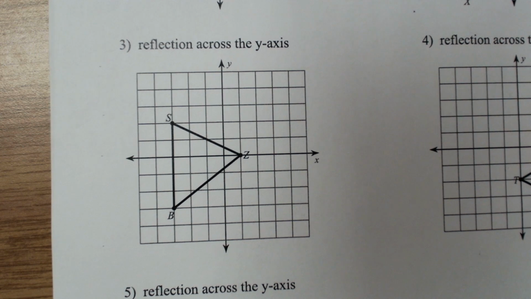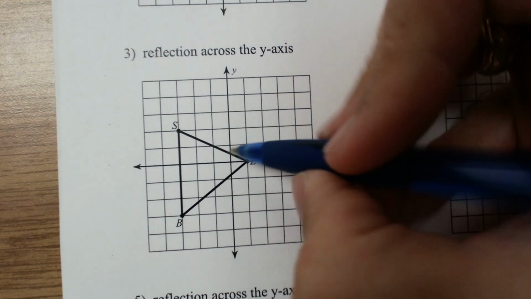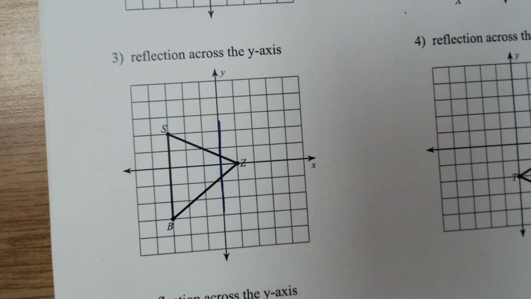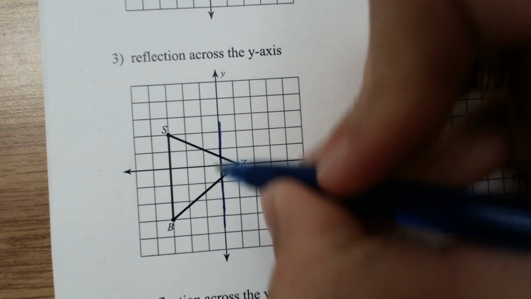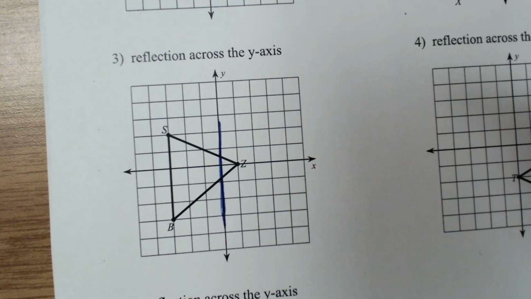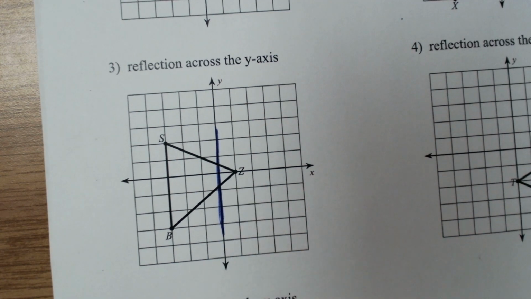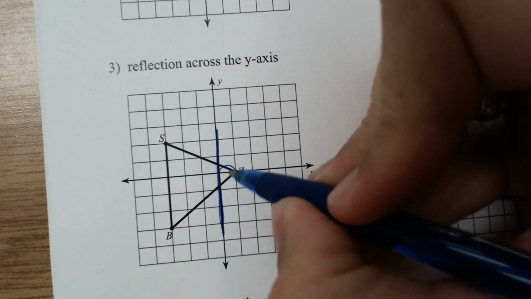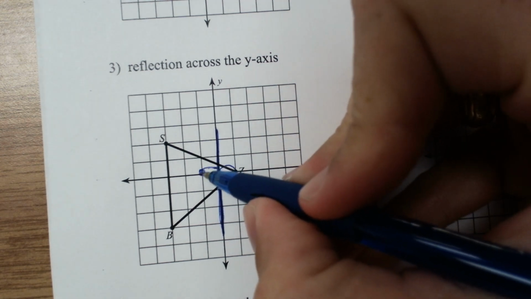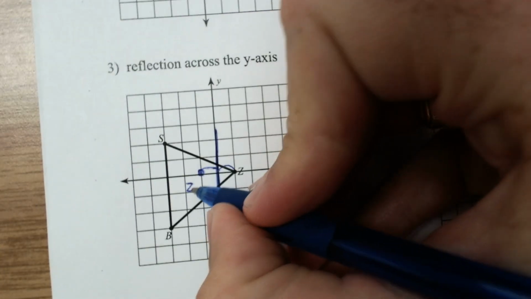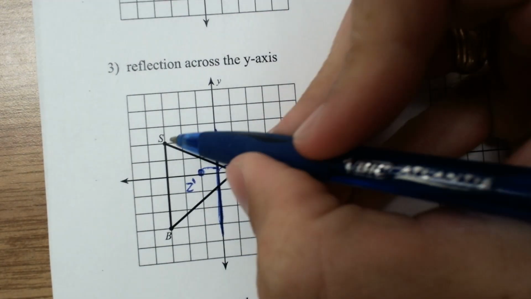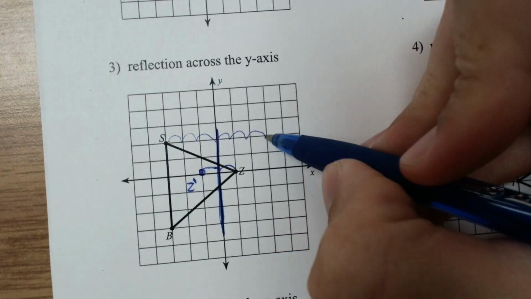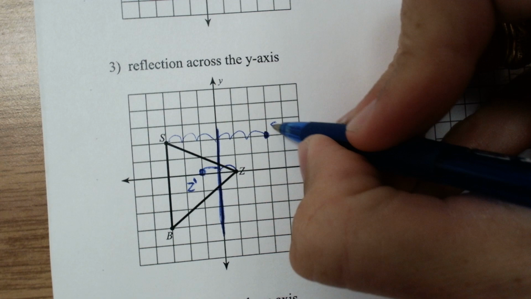Okay. Number three, a reflection across the y-axis. So here's our y-axis. And this is where it is important that you remember you've got to transform or change each point individually. Now this shape is splitting that y-axis. The z is 1 this direction, so z prime becomes 1 this direction. S is 3 there, so it's going to be 3 here.